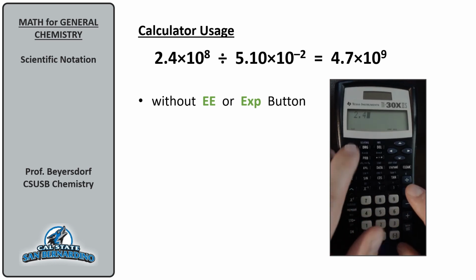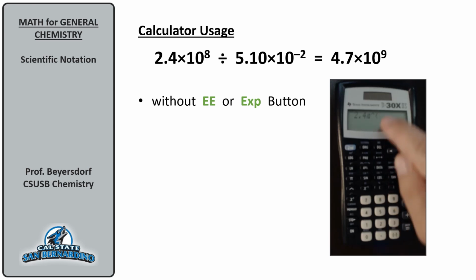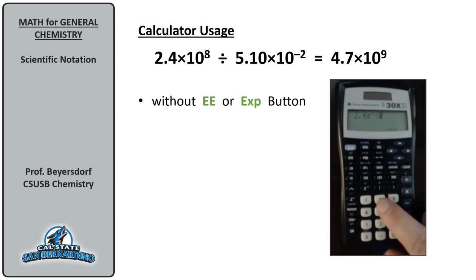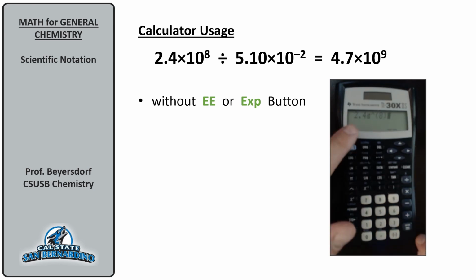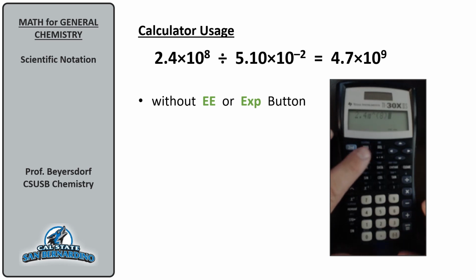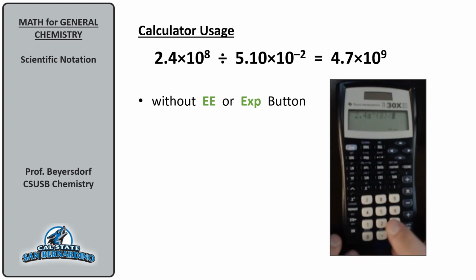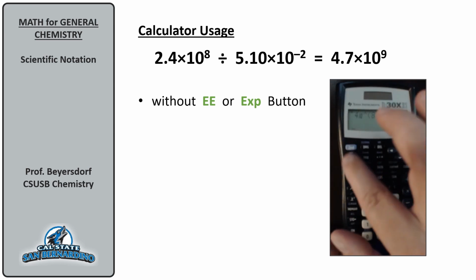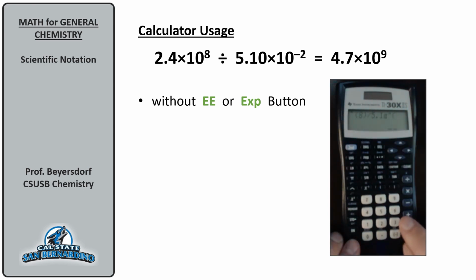If I do 2.4 times 10, notice it has that open parentheses, so I have to put an 8 and then close the parentheses. And now I go ahead and I divide by 5.1, and I'm going to do the same thing, times 10 to the negative, I put this negative here, 2, and close the parentheses.